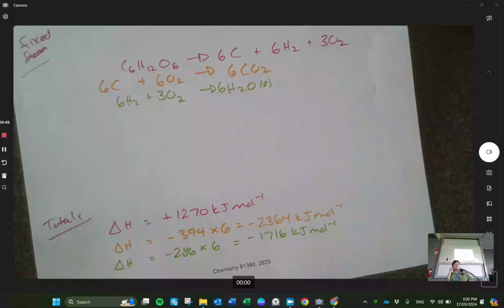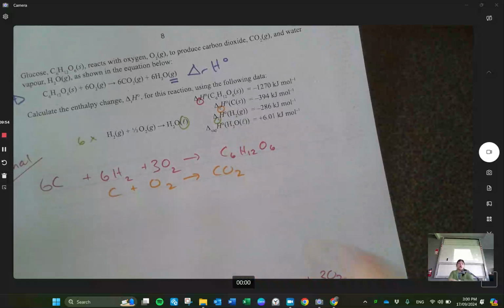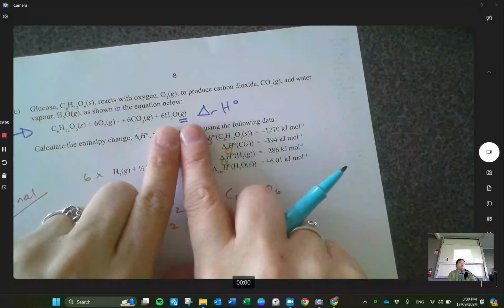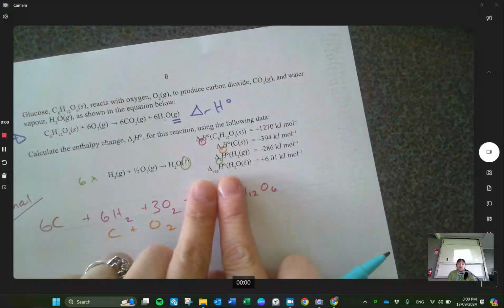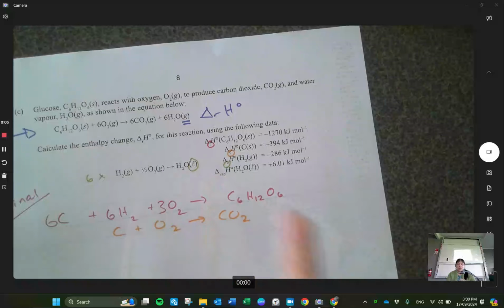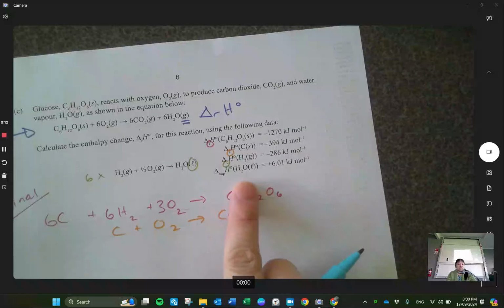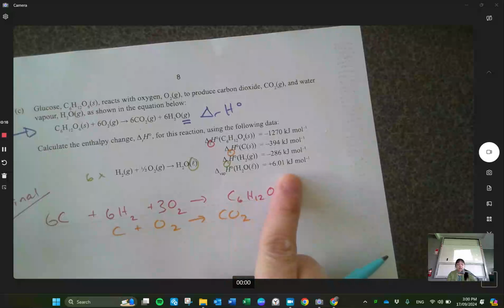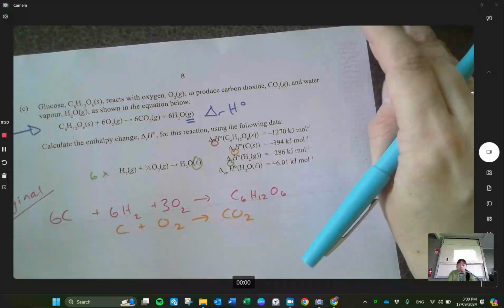Are we good? Okay. Last thing I need to think about is this bit here. I notice that in this equation, my water is a gas. Very good, Xander, for watching out for all those states. Here, however, it is in the liquid form. So I need to make sure that my water is actually evaporating into the gas state, which is why they've given me the latent heat or the vaporization energy for the water. So if I want to go from liquid to gas, I need 601 kilojoules per mole.